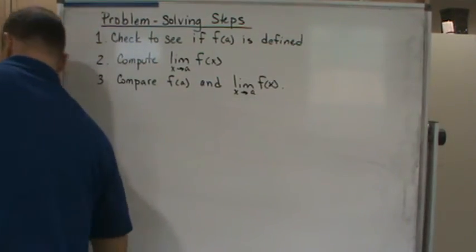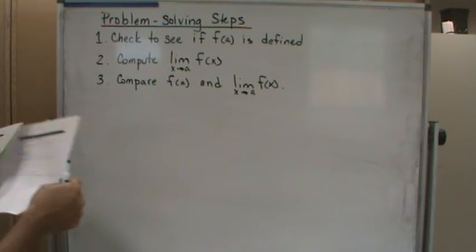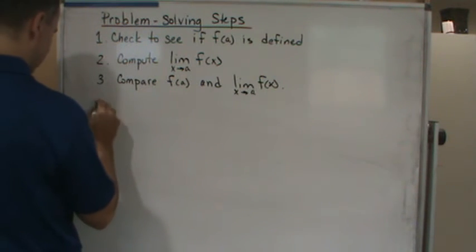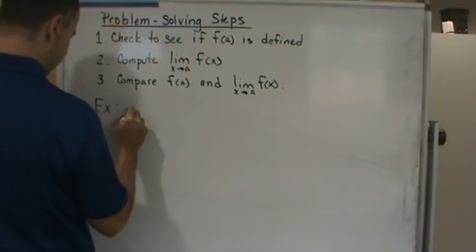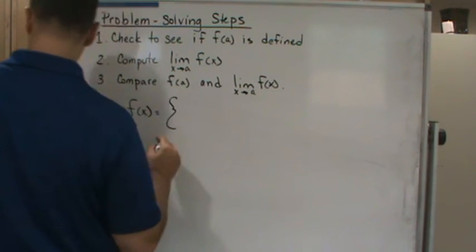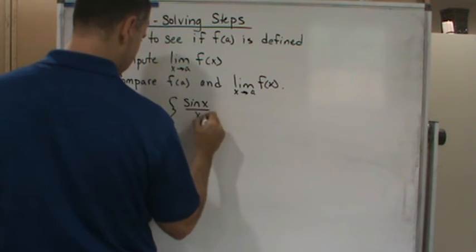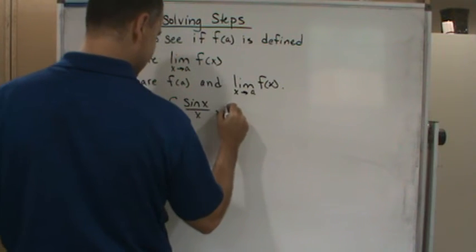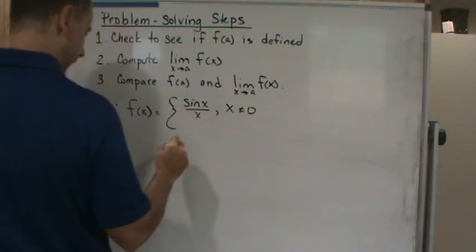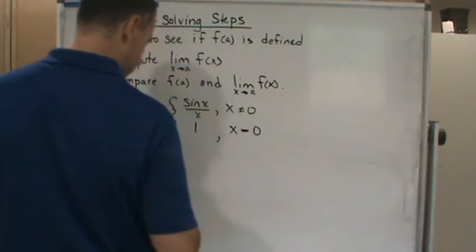Okay, let's do another one. Let's do another example, and here we're going to have another piecewise function. So in this example, we're going to have f of x equal to sine x over x for x not equal to 0, and 1 if x is equal to 0.